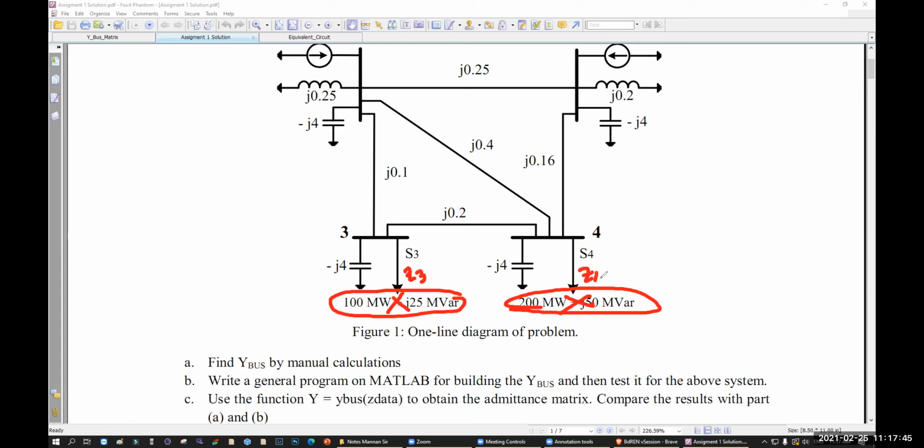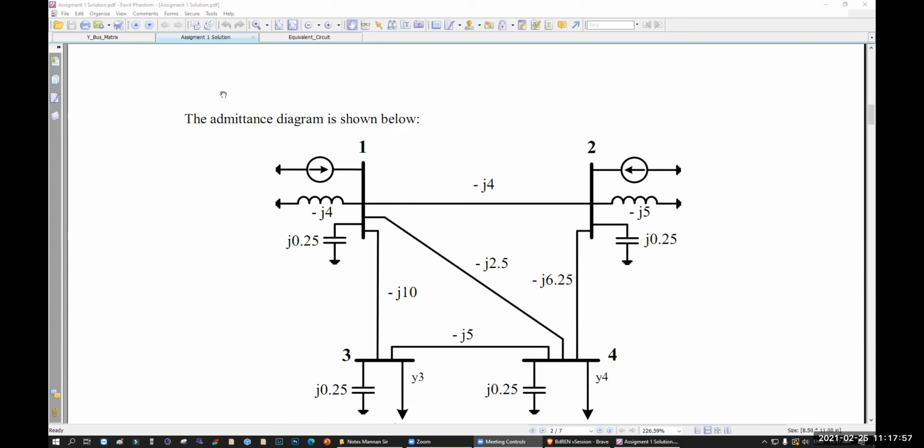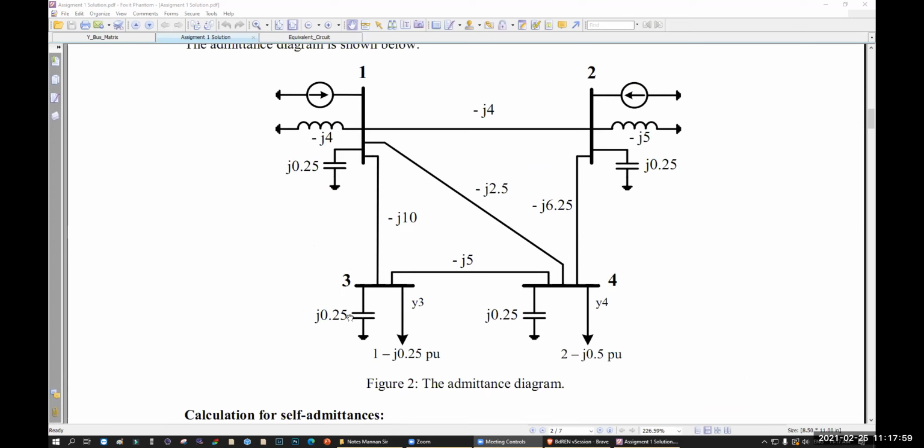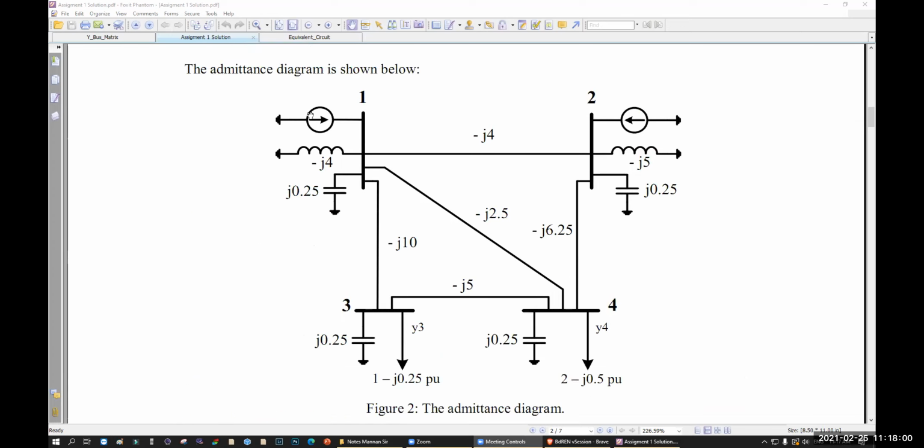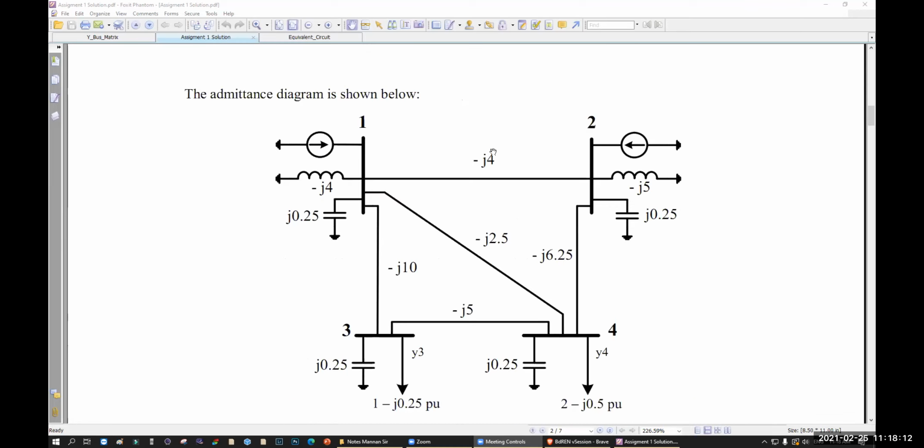Okay. Now let's convert all the things into admittance. The admittance diagram is shown below. How can I convert the impedance to admittance? 1 by 1 by. So 1 by J0.25 is equal to minus J4.